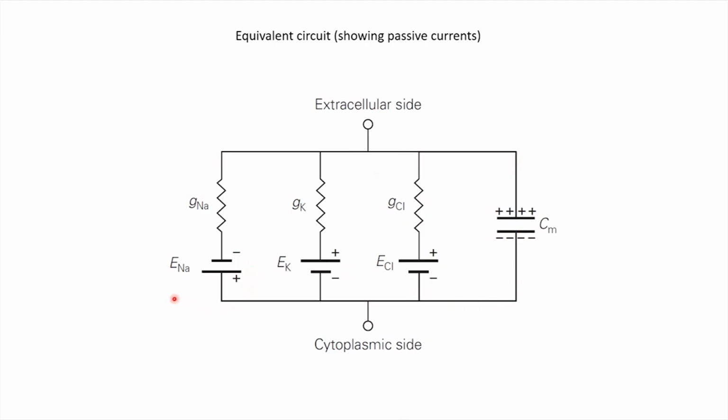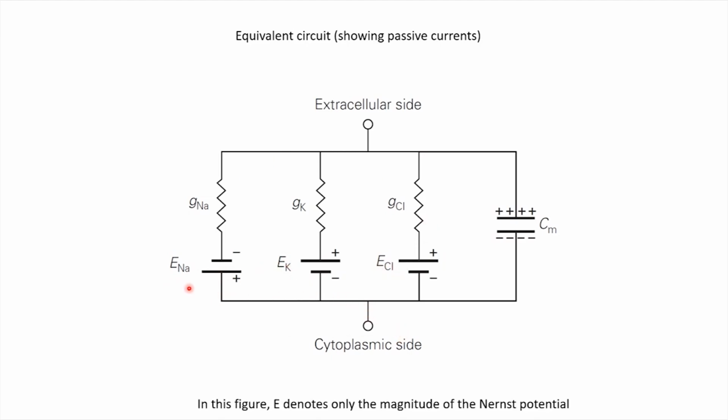Now one thing to note here, since we know that the equilibrium potential for sodium is a positive value, we have already shown that here in this symbol where we have shown the positive inside for sodium, and for potassium it is negative inside, and for chloride it is negative inside. And since we have already taken into account the sign of the potential, these ECL, EK and ENA values only represent the magnitude in this figure.